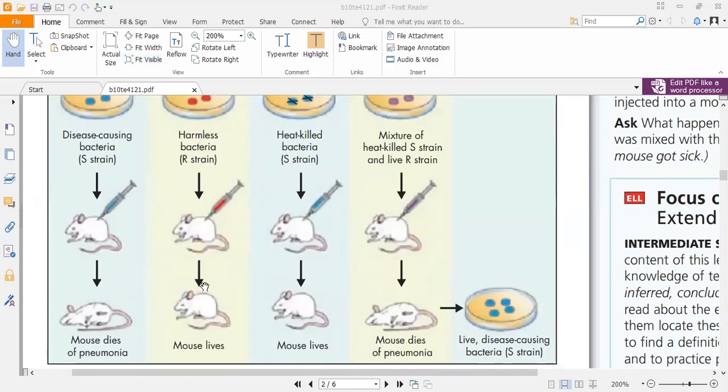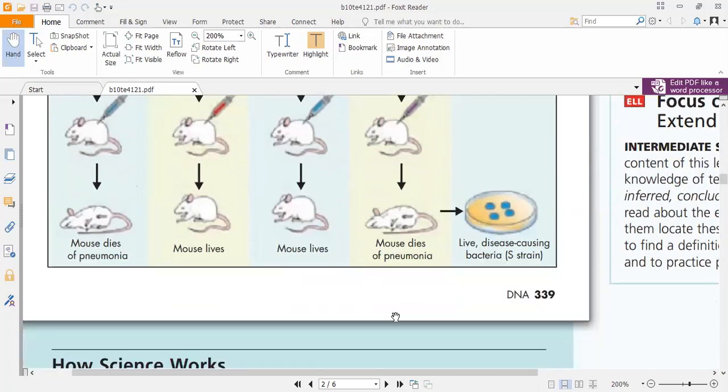With the R strain, the mouse is alive. With the heat killed S strain, the mouse is alive, but when he mixed the heat killed strain with the harmless strain, transformation happened between the S strain and R strain, so the R strain became S strain and killed the mouse.